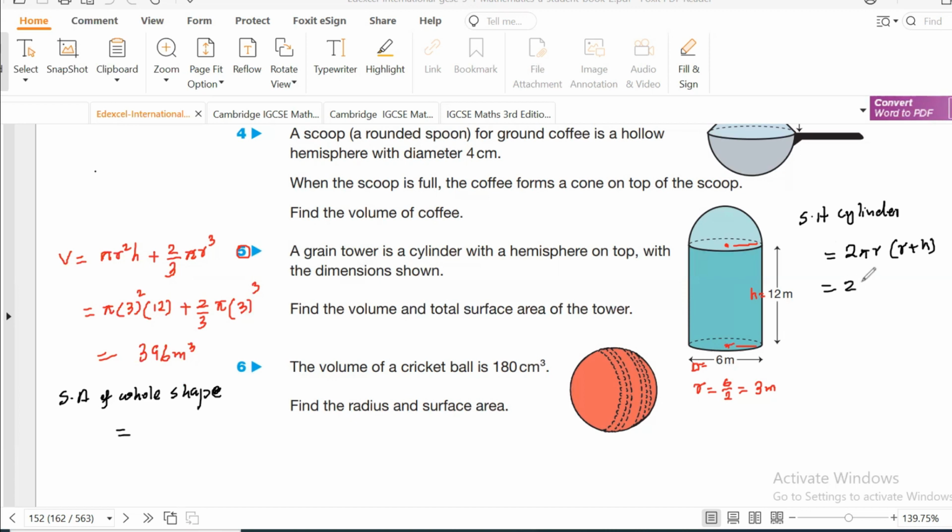Or you can say 2 pi r h plus 2 pi r square. This 2 pi r square comes only if you have a circle on both sides, down as well as up. But if you have only down, because up is included in the hemisphere, I will use only pi r square. 2 pi r h plus pi r square is the surface area of the cylinder here. 2 pi r h is the curved part, plus pi r square, that is the bottom part.